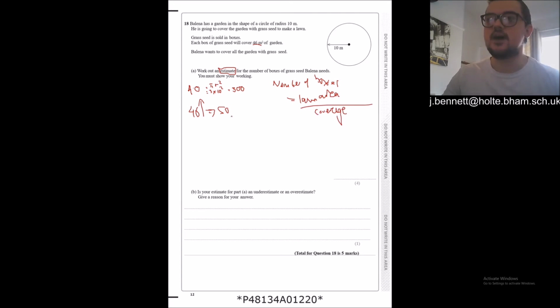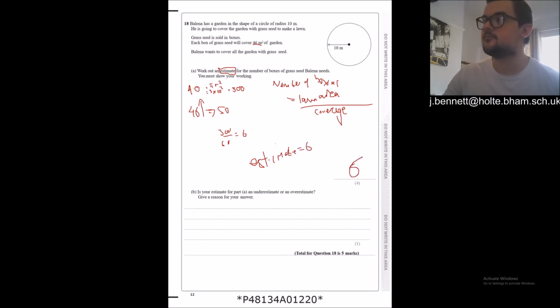With this 46 rounded up to 50, we've got 300 over 50. That gives you 6. So our estimate is going to be 6 boxes.